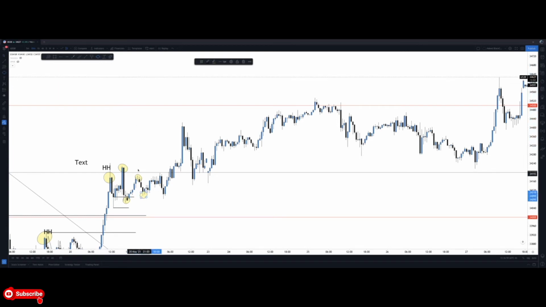So you can see right here, I'm going to use the arrow so you guys can understand. We had this higher high from this overall trend, came down, made a lower low. Price then pushed up, broke above this body candle, made a higher high, came down, respected this low, making a lower high, came up. But see how in this scenario it didn't close above here?